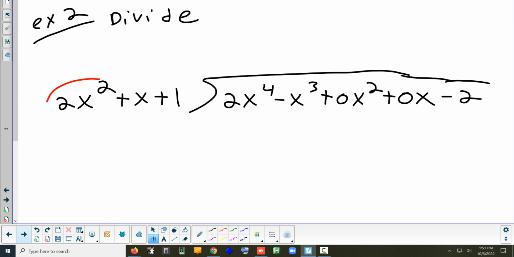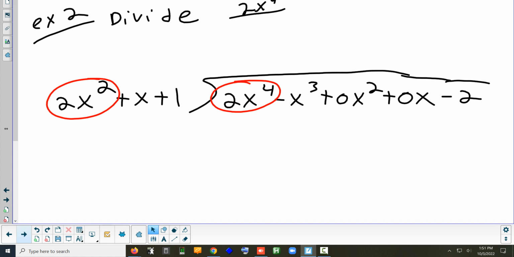Okay, so take the first term here, divide it into the first term there. If you want to think in your head, well, what are we really doing off to the side? You're doing this. 2x to the 4th divided by 2x squared.